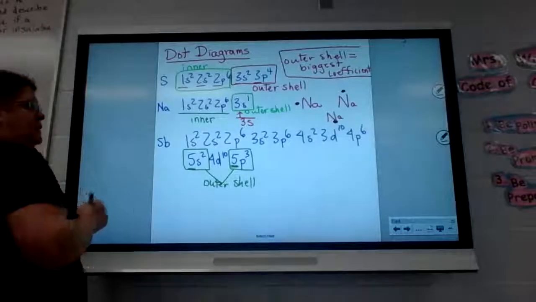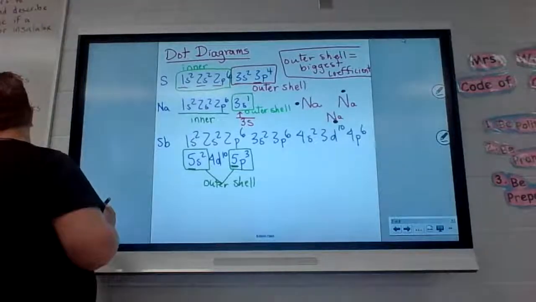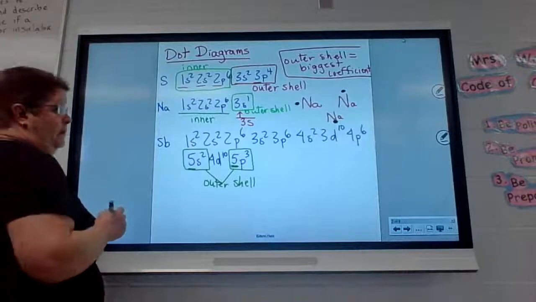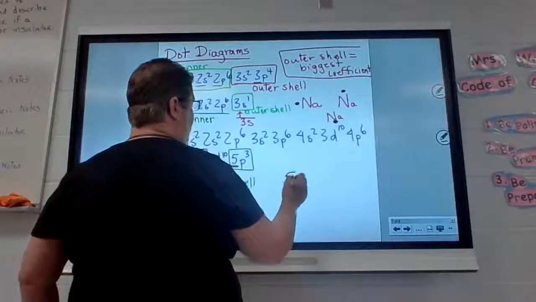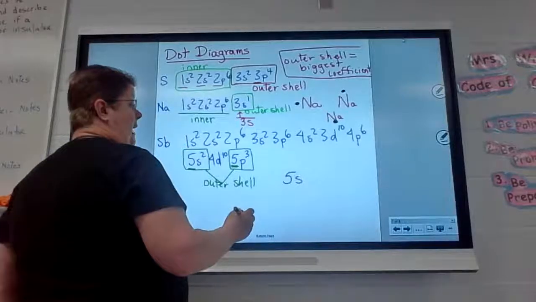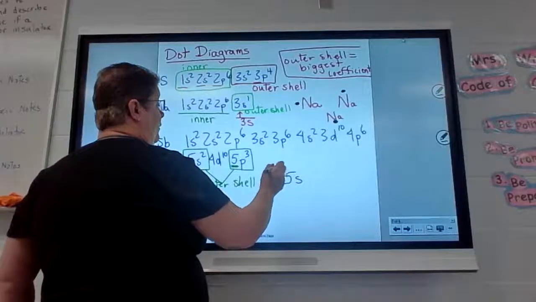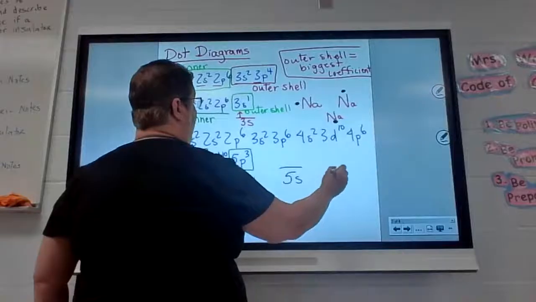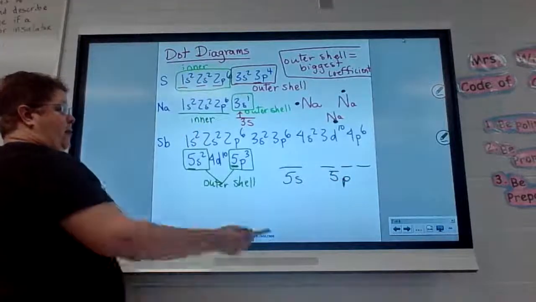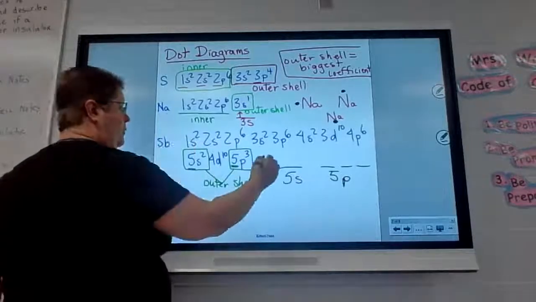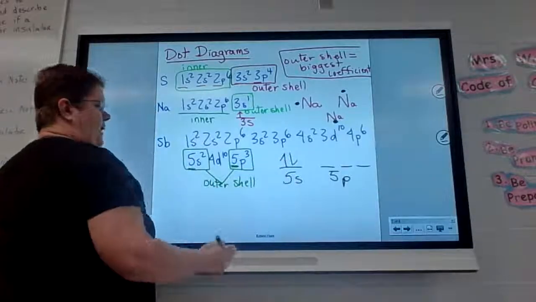So, what's my outer shell? 5s. Okay, so what's 5s going to look like? How many lines? Oh, wait, 1 line. How many is 5p going to have? Okay, so how many arrows am I putting on 5s? 2. And 5p? 3.